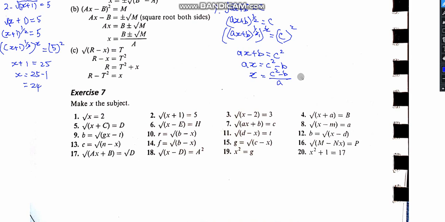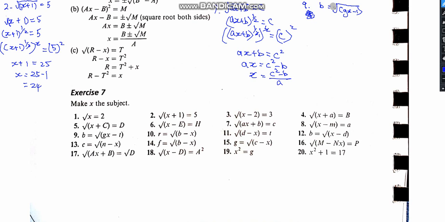Now, what about 9? Let me show you another example. 9: b equal to square root (gx minus 1). Now, I square both sides.